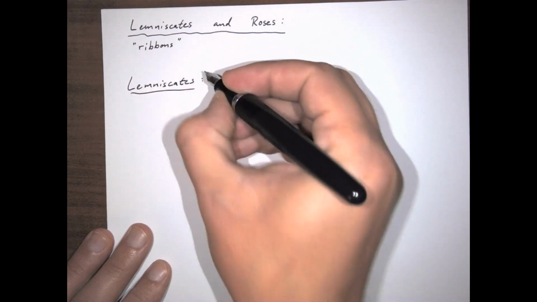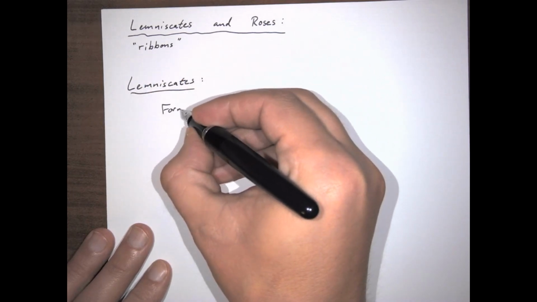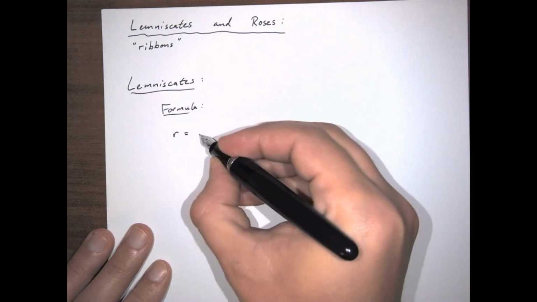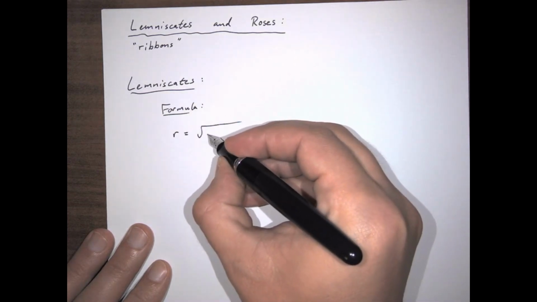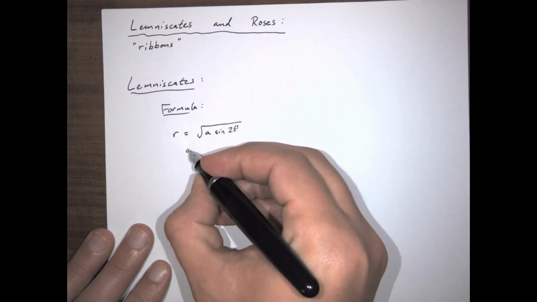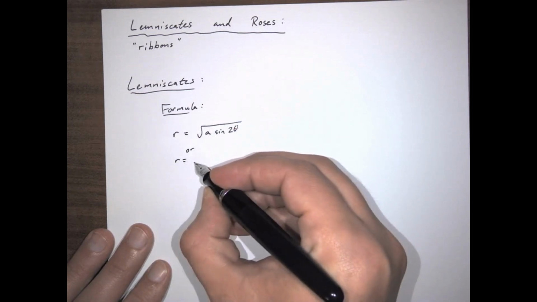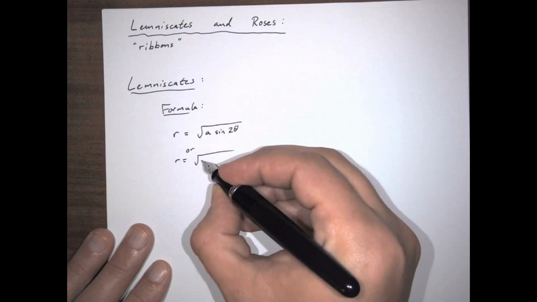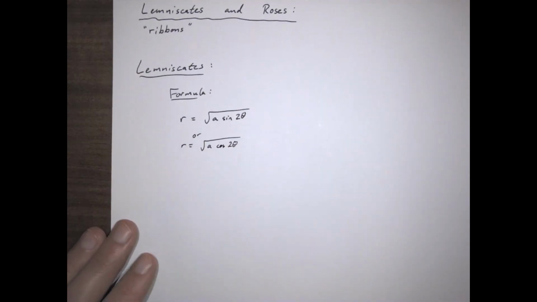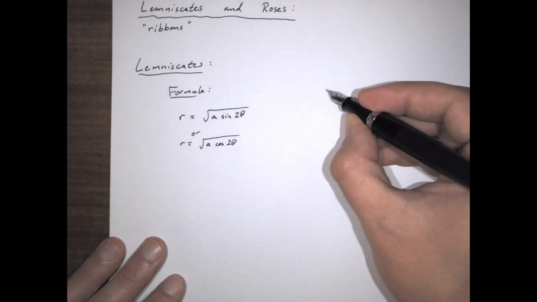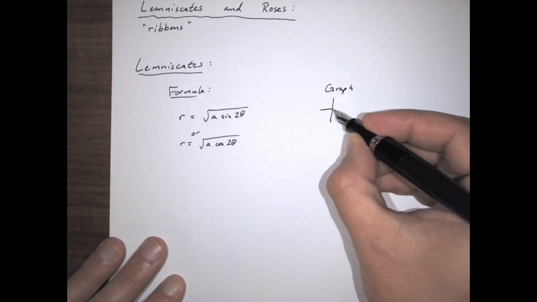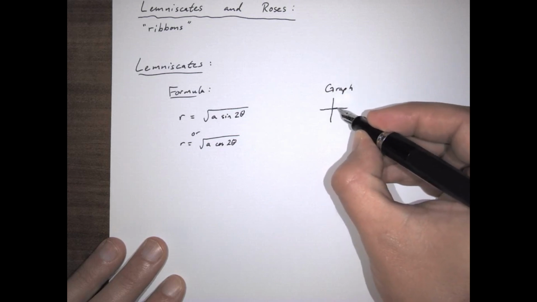So lemniscates. So the formula is going to be r equals the square root of a sine 2 theta, or r equals the square root of a cosine 2 theta. And the graph, what it produces is something that looks like this.